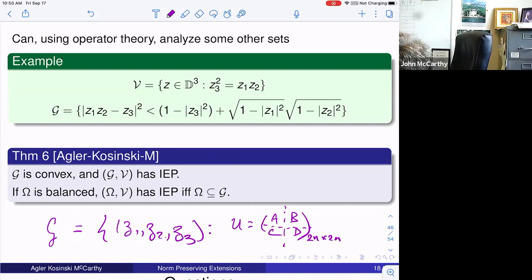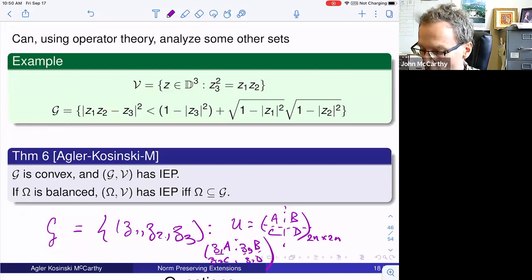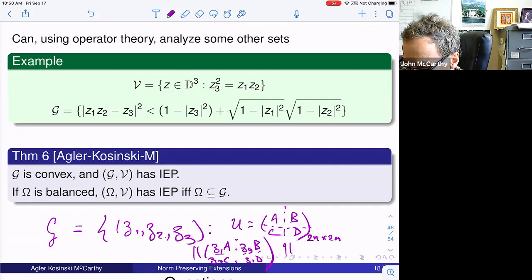then if U is unitary, then if I look at Z1 A, Z3 B, Z3 C, Z2 D, so I look at this new matrix, which I multiply A by Z1, D by Z2, and B and C by Z3, this is always a contraction.